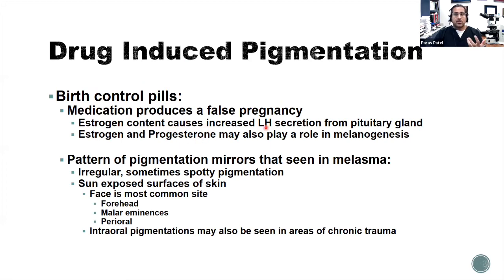Estrogen content causes increase in LH, and all of these things, estrogen and progesterone both, may play a role in melanogenesis, and so the increased production of melanin with those medications. The pattern of pigmentation kind of mirrors what we see with melasma, which is just this diffuse bronzing of the skin. You can see it in individuals who are pregnant on occasion. So it's areas that are sun exposed, okay, and the sun has a role to play in that as well, kind of like the similar trauma we see in the oral cavity that can stimulate areas of melanin production.